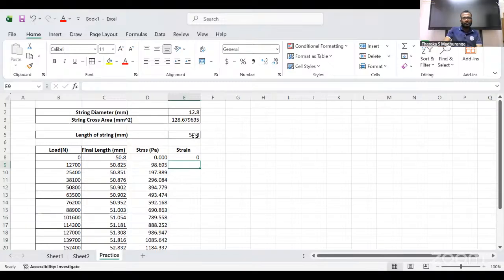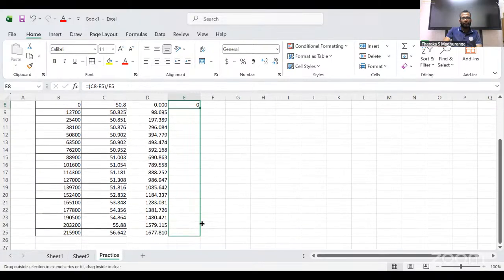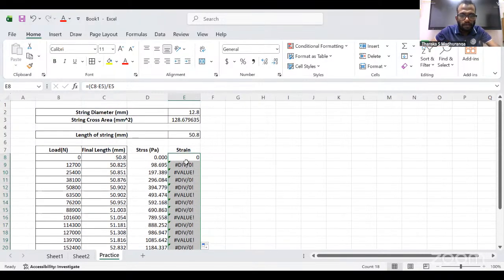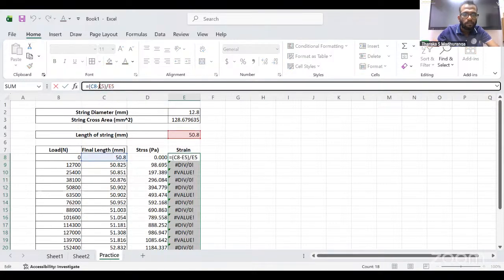If you autofill, again you come to the same issue. Look, if you autofill in this function, again it comes with the same error. Therefore, we have to fix it, right? මොකද කරන්න ඕනේ C8 minus E5. Yeah, ඒක fix වෙන්න ඕන, right? You have to add dollar marks in front of the 5.